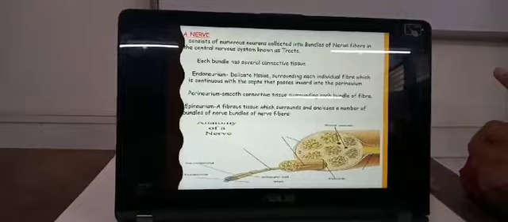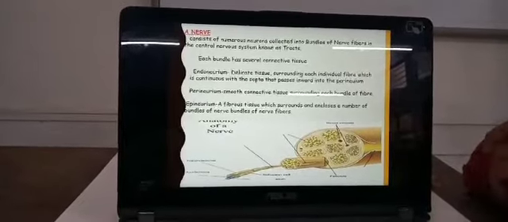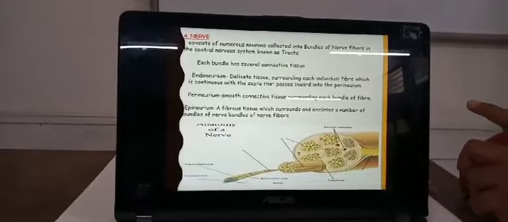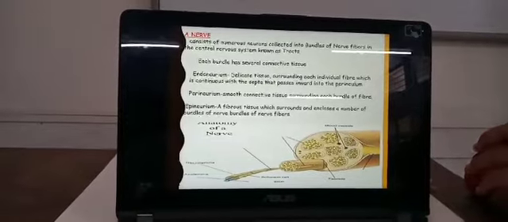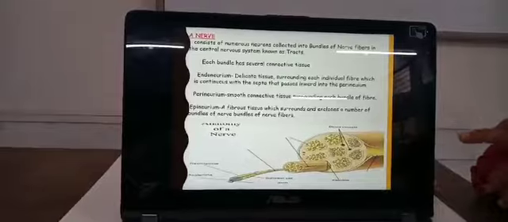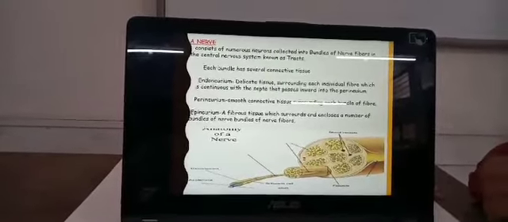Peri itself, you can understand, it is something that is surrounding something. Smooth connective tissue surrounding each bundle of fiber. So each bundle of fiber is surrounded by perineurium. Then you have something called epineurium.